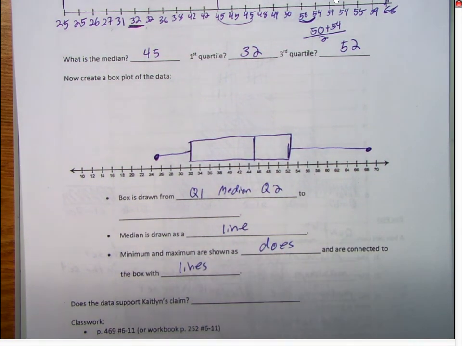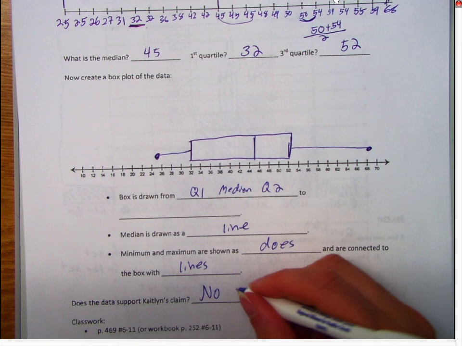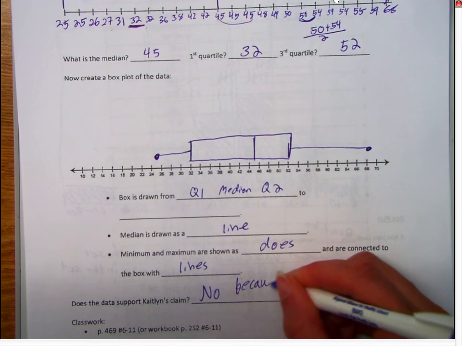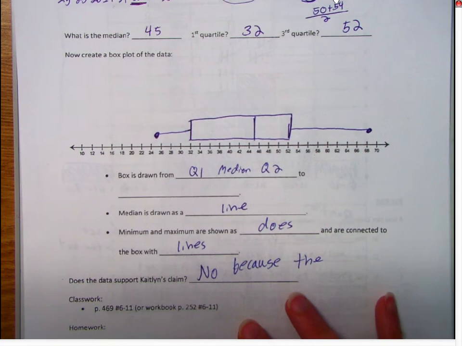Okay. Does the data support Caitlin's claim? No. Because the median, she claims that most people had over $50.